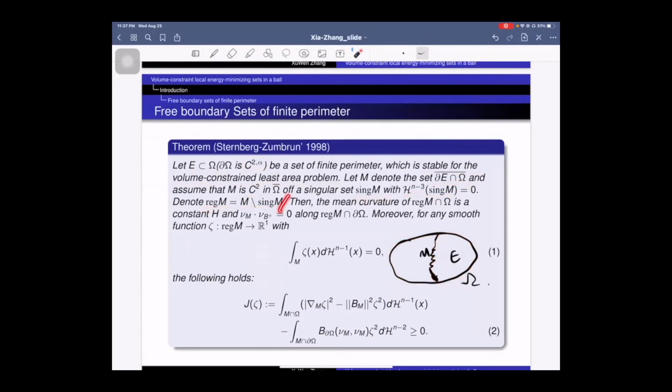Then the results are, first, since M is a critical point of such a functional, we have a similar result as before, that the regular part of M inside omega has constant mean curvature. And near the boundary, M intersects the boundary of omega orthogonally.